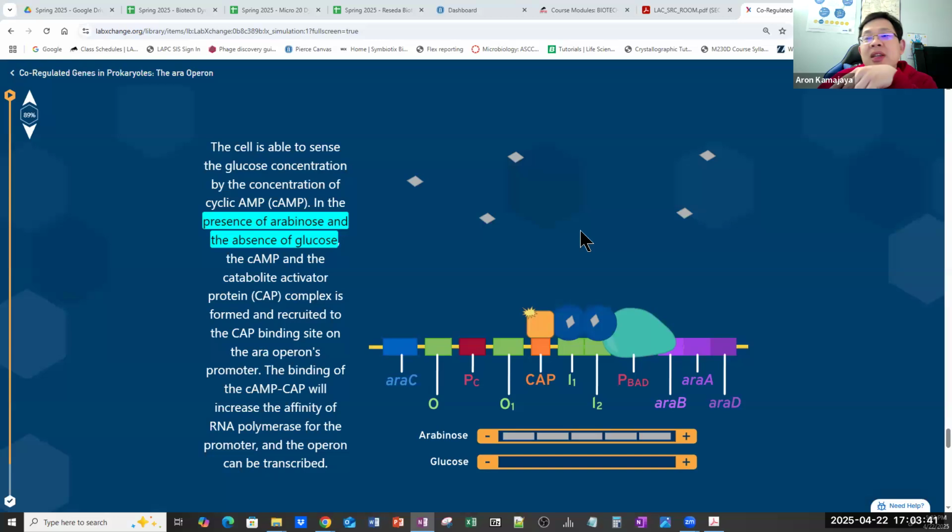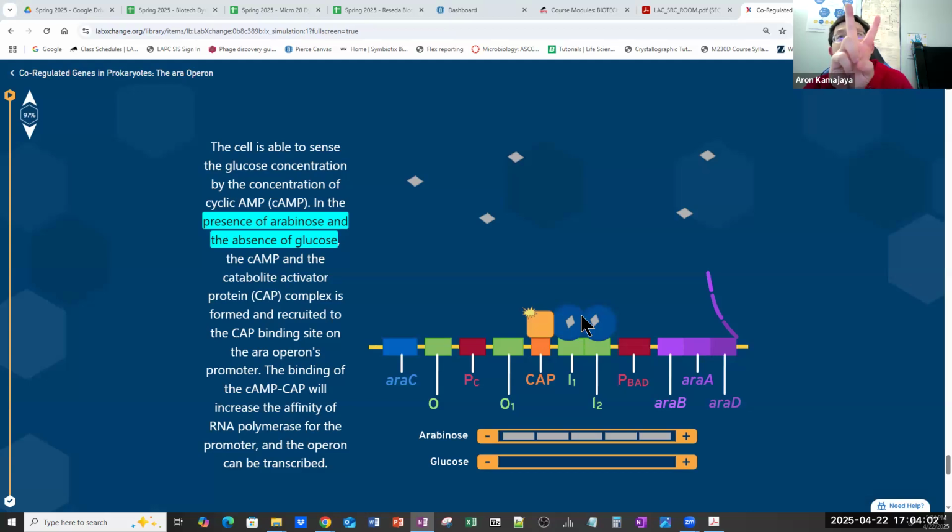And then finally, the RNA polymerase can transcribe the mRNA. This is the mRNA coming up from there. So again, this RRC that binds to the arabinose serves two purposes in a way. The binding of arabinose makes two things happen.